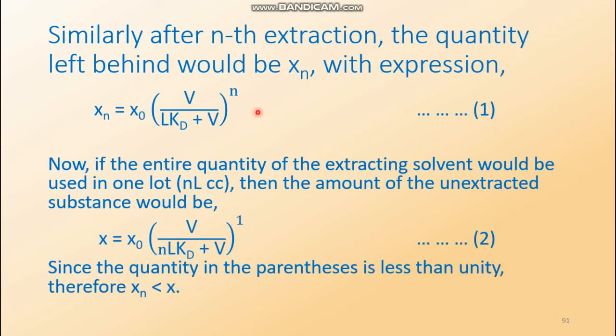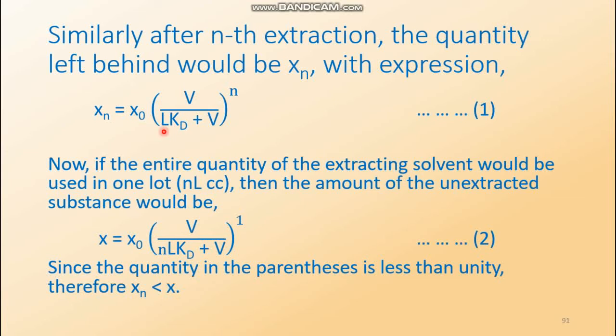So what is the overall amount of the solvent you are using here? You are performing n number of operations with L cc of solvent. So n into L should be the overall amount of the solvent. Now if this overall amount of the extracting solvent is used in one lot, then what would happen?